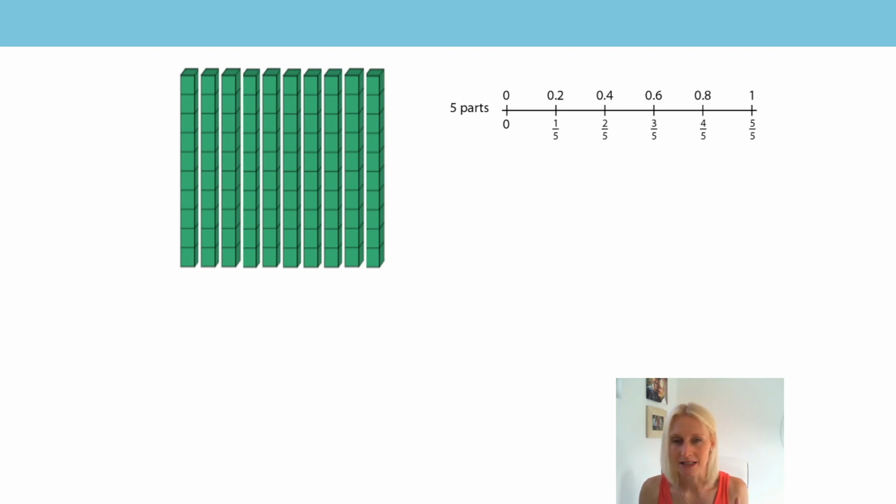So as I said, we're going to divide the 10/10 into 5 equal parts. So here, as you know, our denominator shows us how many parts we are dividing our whole into. And what does that look like as a decimal? 2/10.